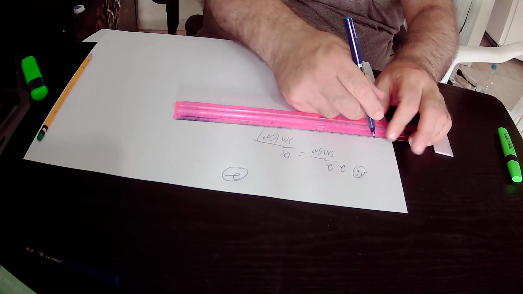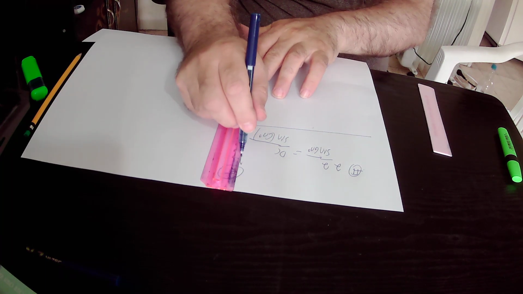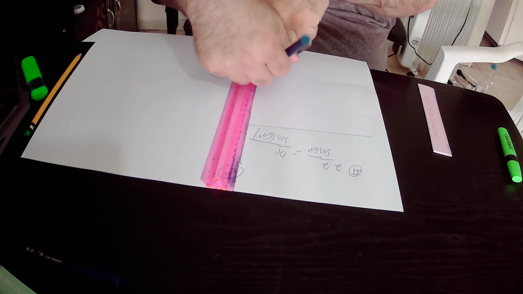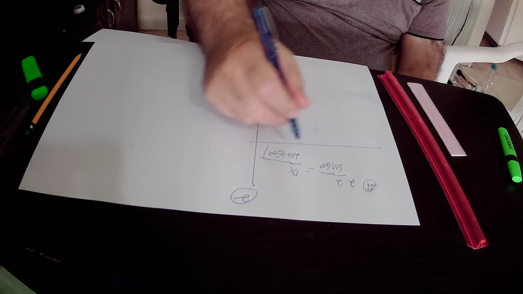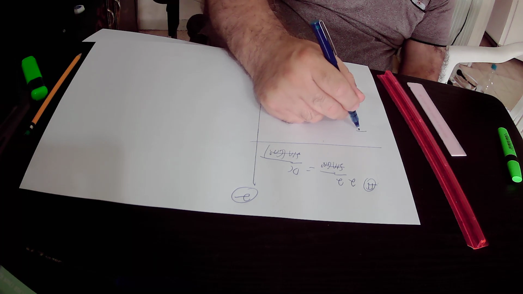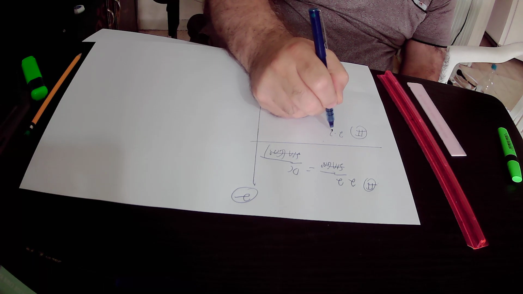Here, in equation number 2, we have sine 60 degrees on both sides. So sine 60 degrees will get cancelled. What is left from equation number 2 after we cancel sine 60 degrees? On this side we have 2 times 2.